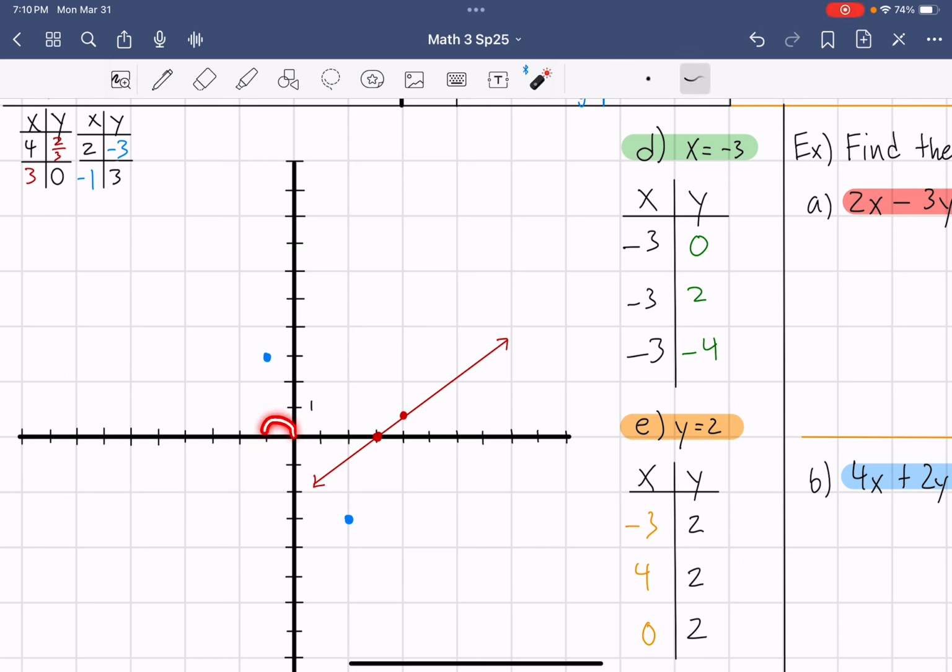So here, positive 1, then 1, 2, negative 1, and then up 1, 2, 3. And now all I need to do is just connect the 2 dots. All I need is 2 points to make a line. And there is my graph.